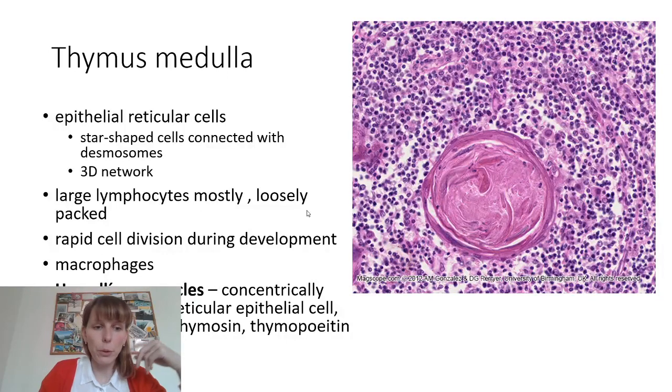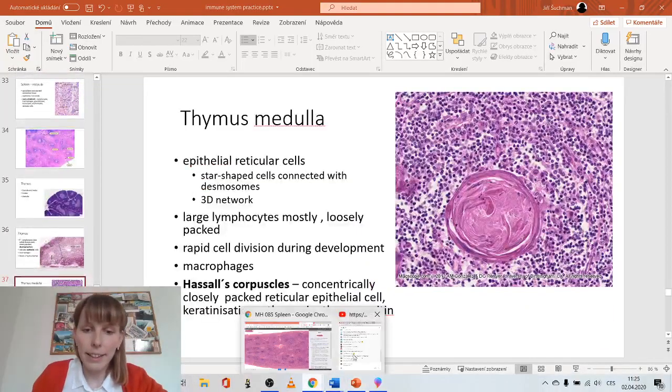So Hassall's bodies or Hassall's corpuscles you will take a look at, and the medulla is the part which is looser and lighter stained, and you will see these corpuscles there. You will also see more loosely packed lymphocytes, and there are a lot of macrophages. So let's see the slide.